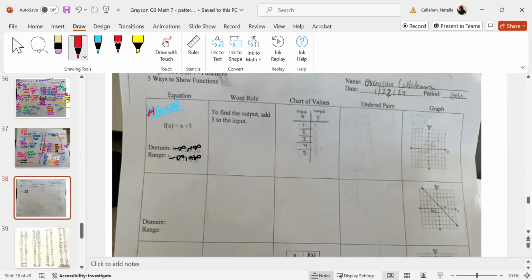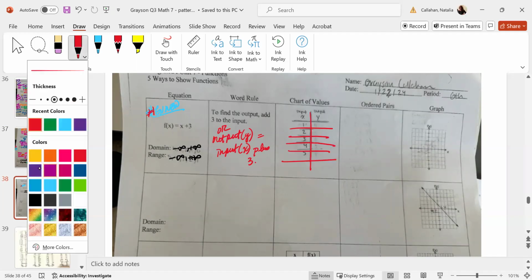So you could say, to find the output, I just put output y equals input x, like you're not timing by anything, you're just timing by 1, equal, right? Plus 3. That's it, right? So 2 different ways of writing it, all right? Then your table of values. What are the numbers we're picking again?